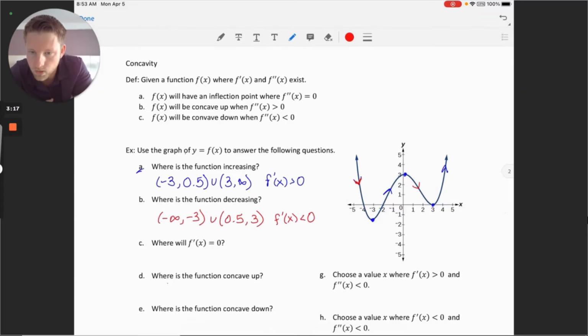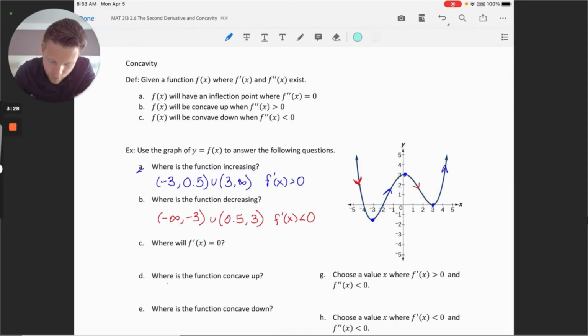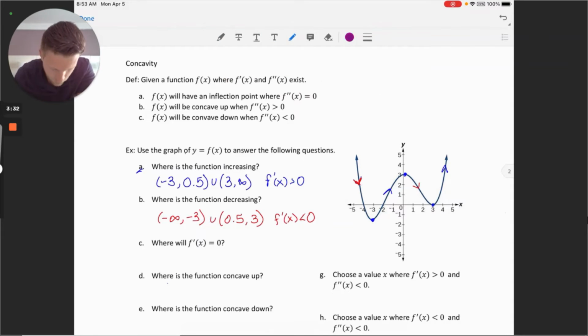Question C says, where will f prime of x be equal to 0? Well, we've defined where our derivative function is greater than 0 and less than 0. Now we can take a look at, in other words, the critical points where our function is equal to 0. And those points would be coming where we have a flat tangent.